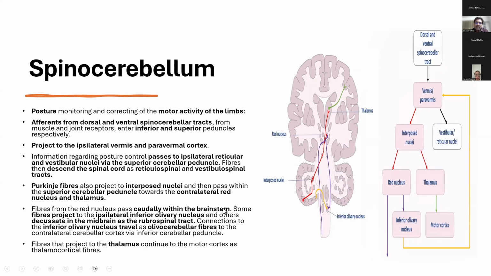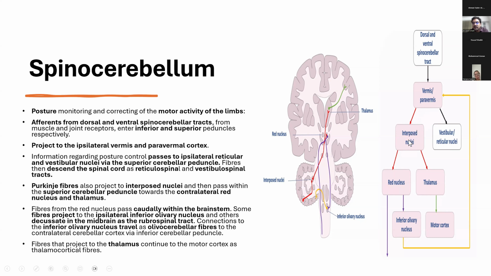Now, how does the spinocerebellum work? Again, it is responsible for the motor activity of the limbs as well as maintaining the posture of the body. So afferents from the dorsal and ventral spinocerebellar tracts enter through the inferior and superior peduncle. They project to the ipsilateral vermis and paravermal cortex. So in a nutshell, you can again see this tabular diagram. The spinocerebellar tracts come into the vermis and paravermis.